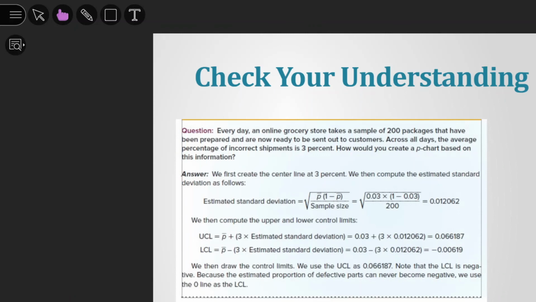Are you raising your hand or lowering your hand? Okay, I have 5 people with raised hands, so I repeat. DMAIC methodology. It is used in Six Sigma analysis, and DMAIC methodology stands for define, measure, analyze, improve, and control.